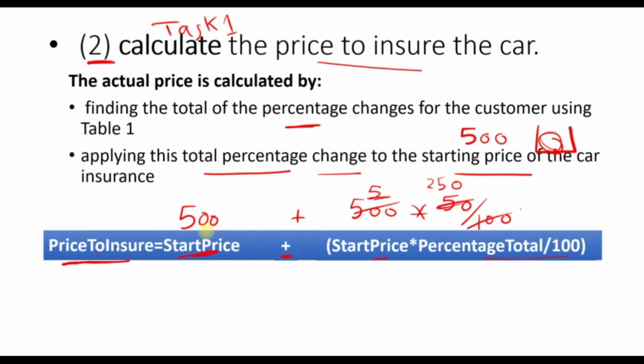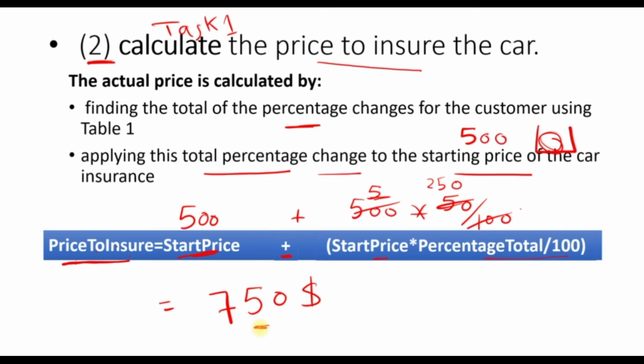So the value of the price to insure till now is 500 plus 250, so it's $750. Okay, in this case, if the percentage change is 50%. It could be more than this, could be less than this. One of you might ask, it could be more than this. How it could be less than this?